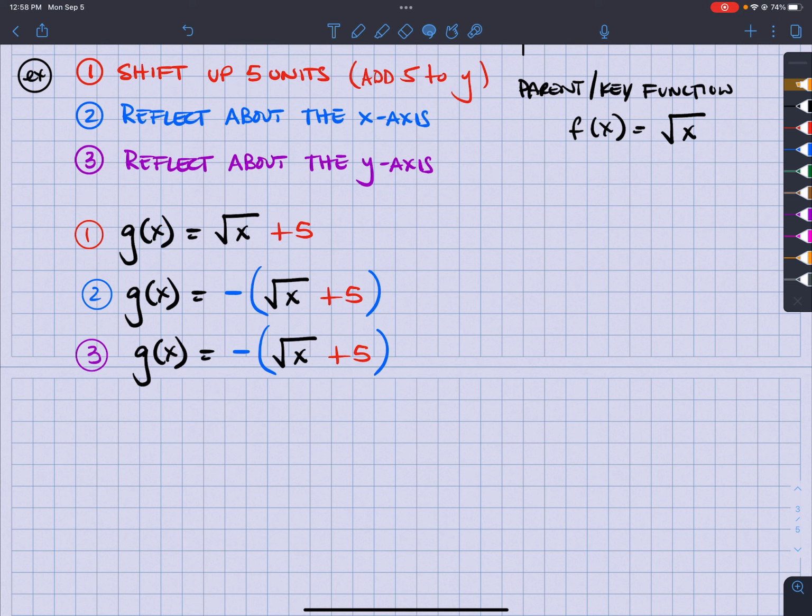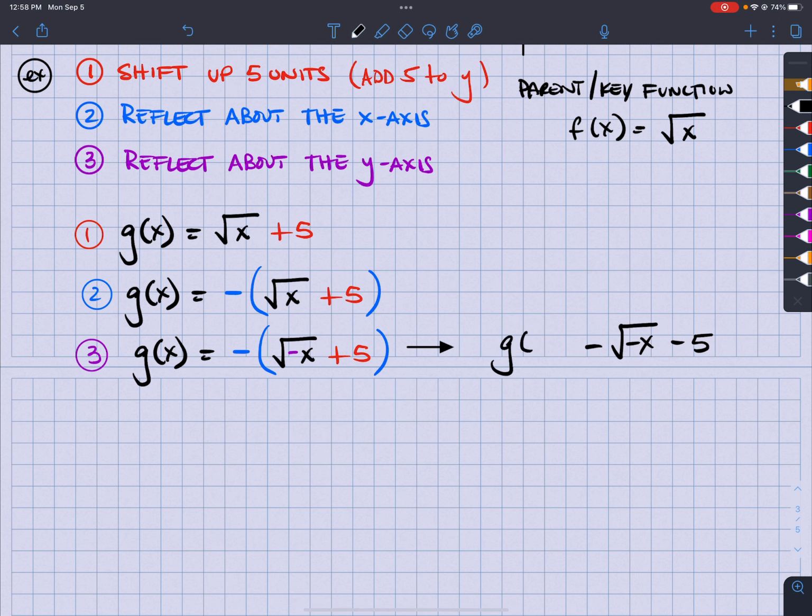So that means it's inside that radical, so that means it's going to be affecting in here. And there is where it affects it. So that is what I have, but my final answer from that, if I distribute that negative through, right, I'm going to have negative square root of negative x plus 5 as my so-called g of x.